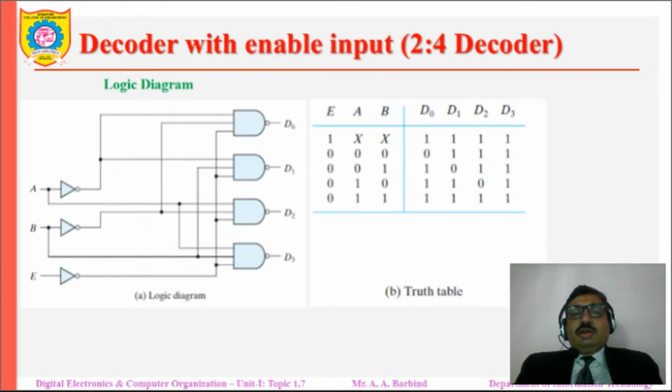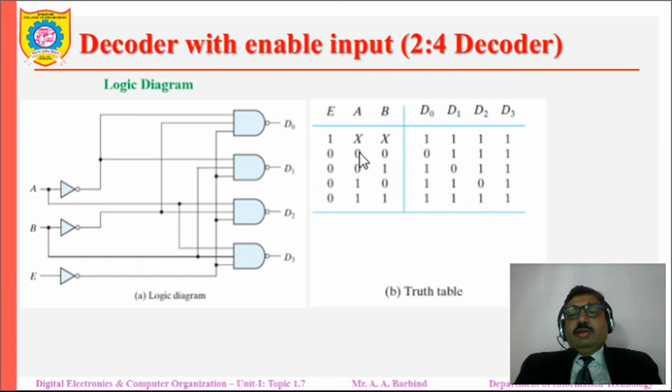Now let us consider this particular decoder with enable input. It is a 2:4 decoder with enable inputs. Its function table is like this. There are 2 inputs A and B, and 4 outputs D0, D1, D2 and D3. Okay.